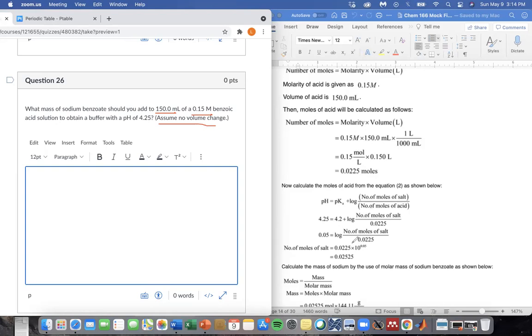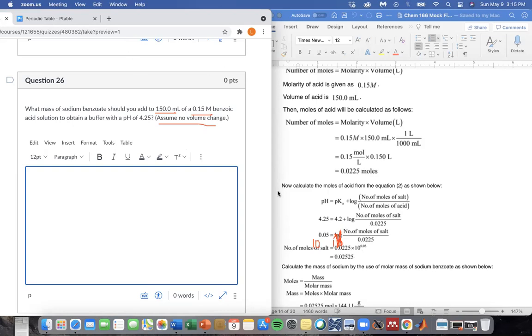So you do 10 to the 0.05, and it'll undo the log and give you the number of moles of salt over 0.0225, which is your moles of acid. And so you get 0.0225 times 10 to the 0.05 for the moles of salt.